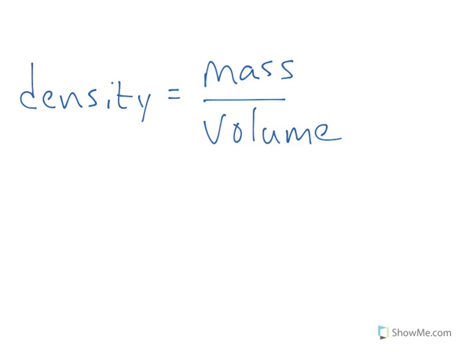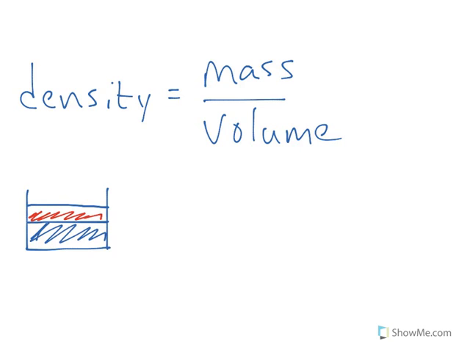If a liquid has a high density, that means it has a high mass per unit volume, and if it has a low density, that means it has a low mass per unit volume. So when we are dealing with a mixture of liquids, let's say ones that do not mix, I've got a beaker here with two different liquids, a red liquid and a blue liquid.